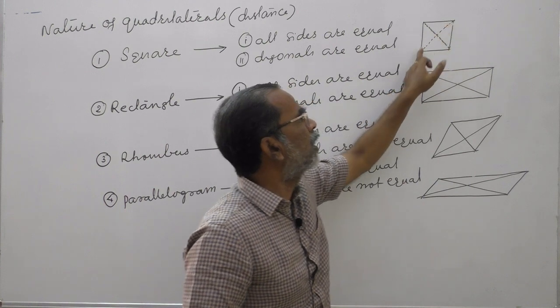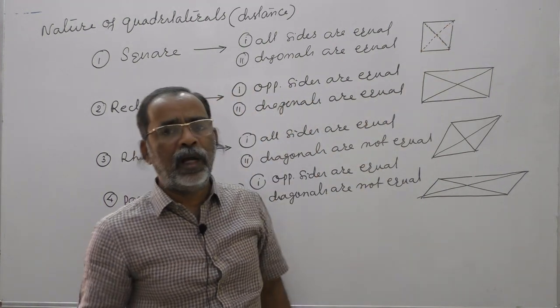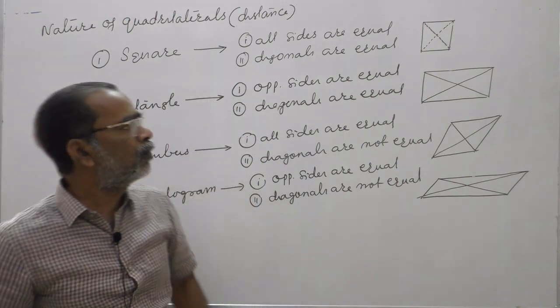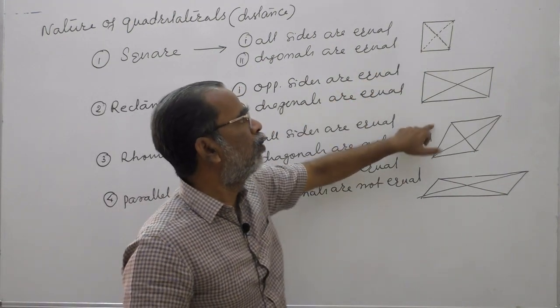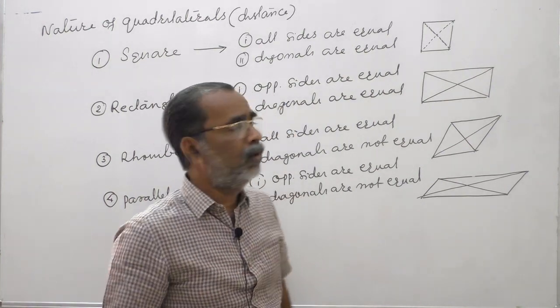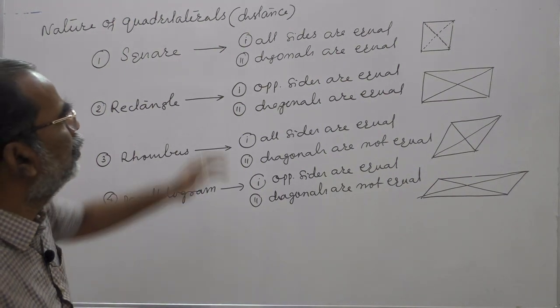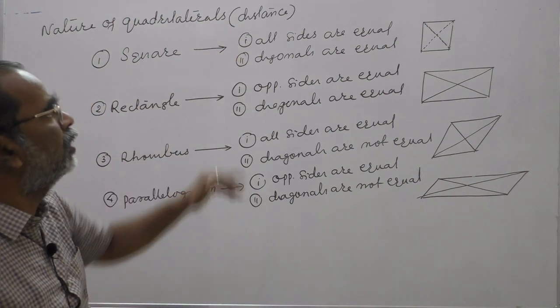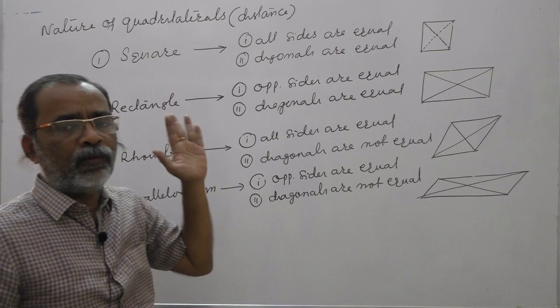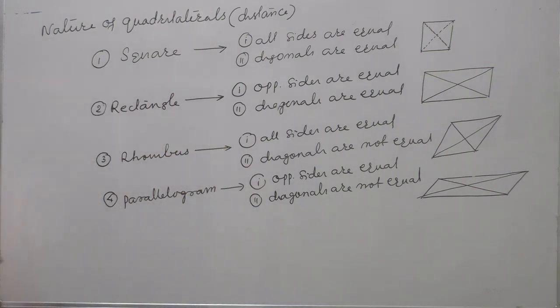Midpoint of the first diagonal and second diagonal is the same. In square and rhombus, diagonals bisect each other perpendicularly. That we will discuss later. So these are the basic distance properties of 4 basic quadrilaterals.